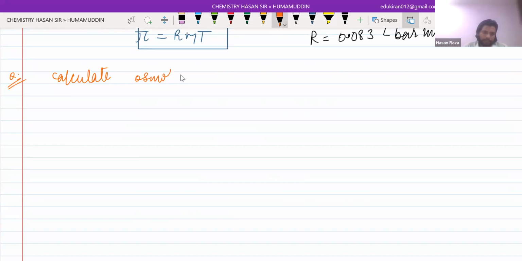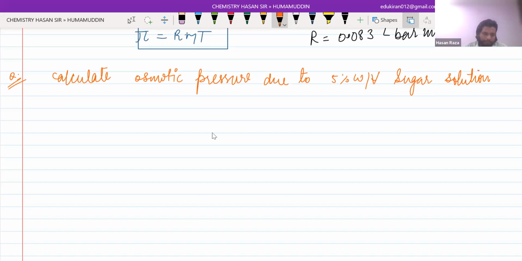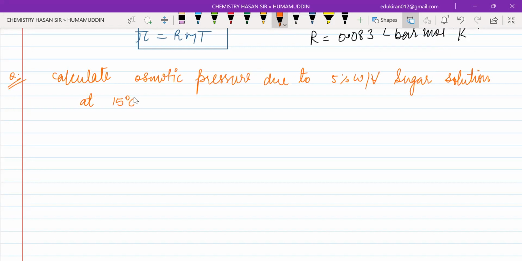Calculate osmotic pressure due to 5% weight by volume sugar solution at 15 degrees centigrade.